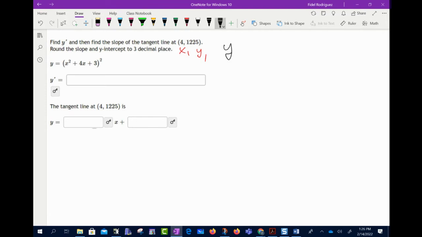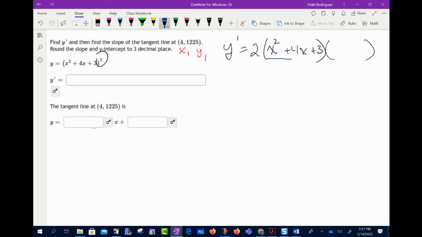So the first thing we're going to do is find y prime. So when we take the derivative, we should end up with 2x squared plus 4x plus 3. And if we reduce this by a power of 1, it's the same thing. If there's an exponent of 1, we don't need to write it. Now we're going to multiply that by the derivative of the inside.